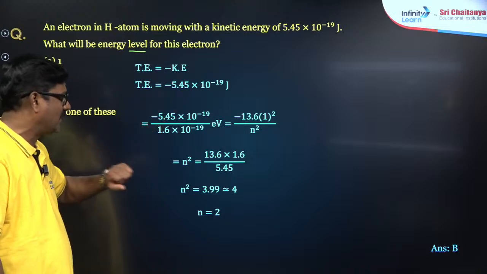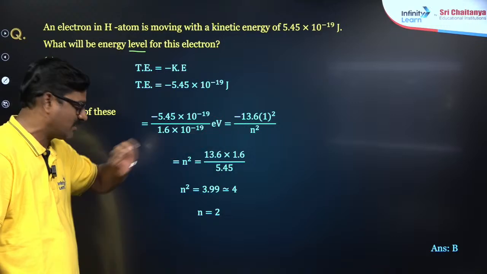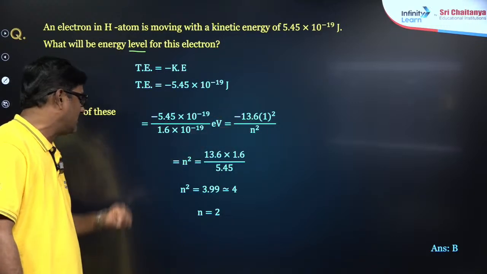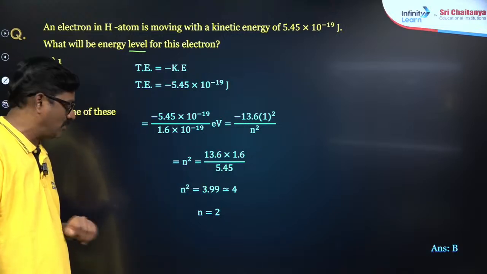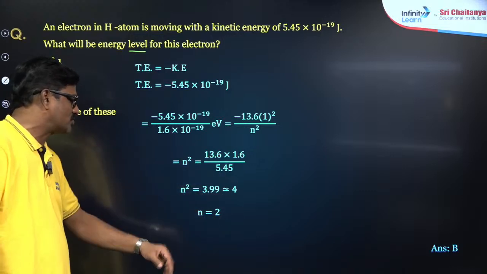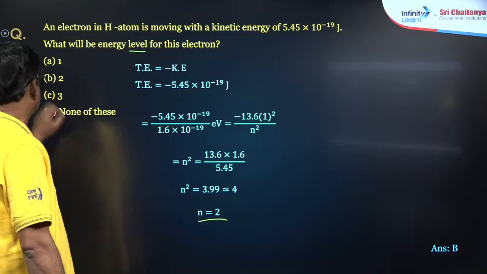That is equal to minus 13.6 into 1 square by n square. 1 is for hydrogen atom and n square is calculated as 4, so n is going to be root 4. So n is equal to 2. It is equal to second shell.